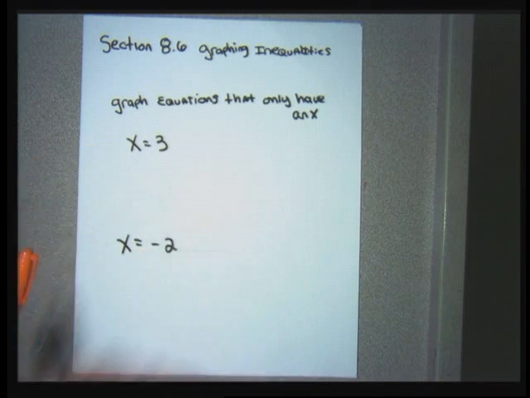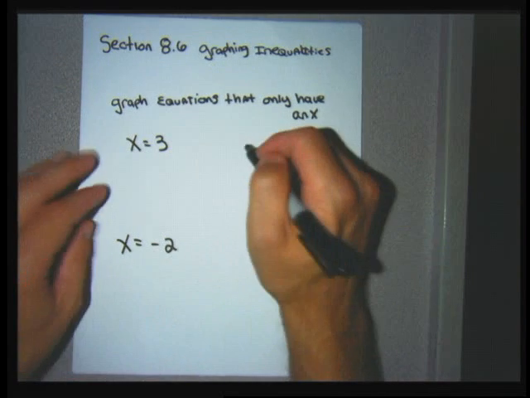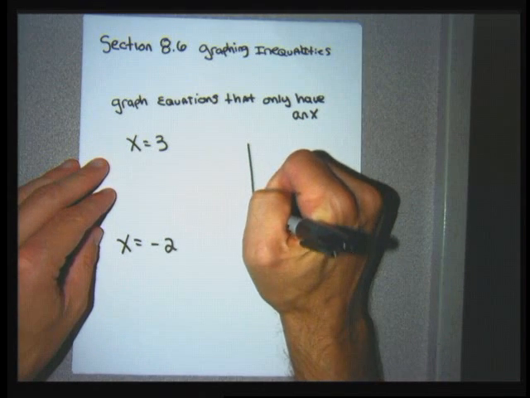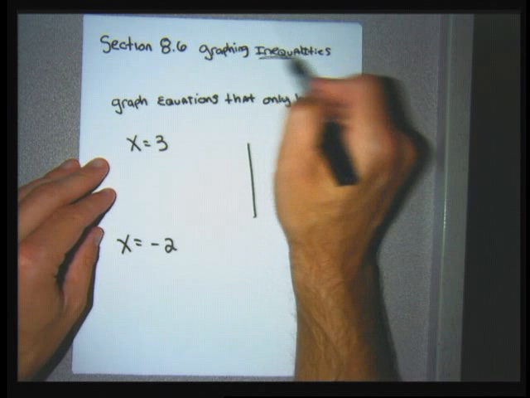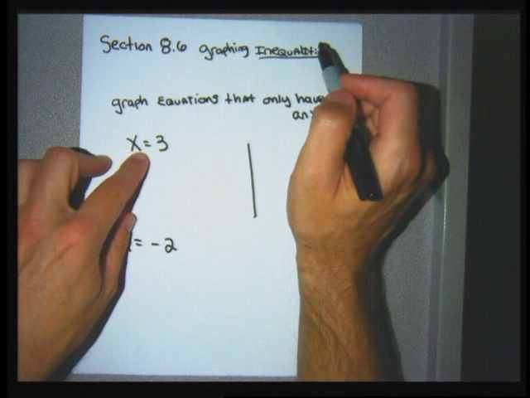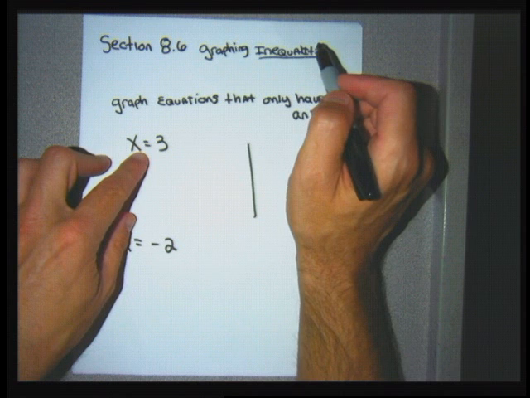So if I asked you to graph the equation x equal to 3 or x equal to -2, this is not an inequality. It's an equation because it doesn't have a less than, greater than, less than or equal to, or greater than or equal to.